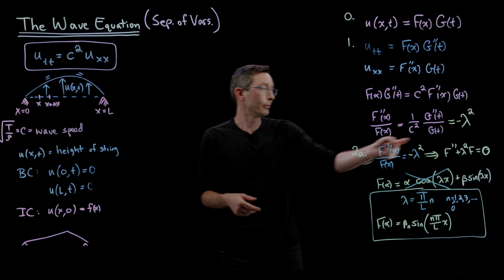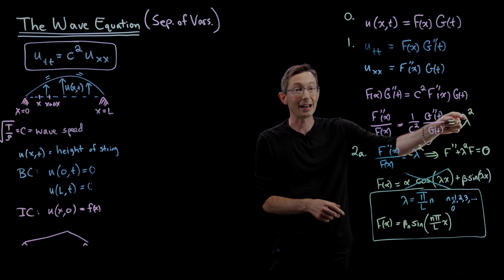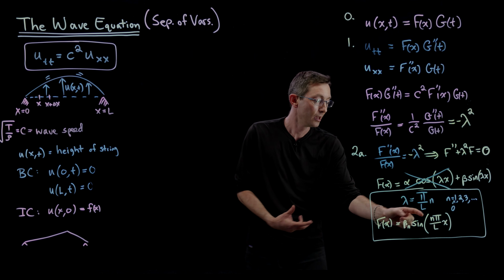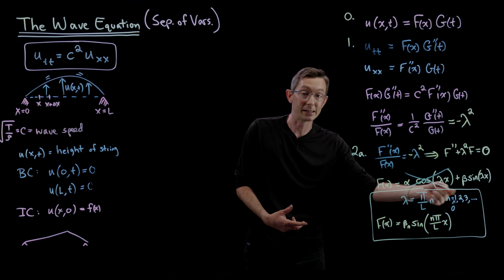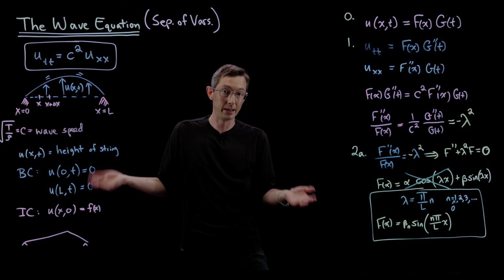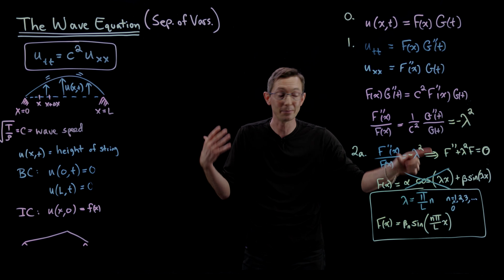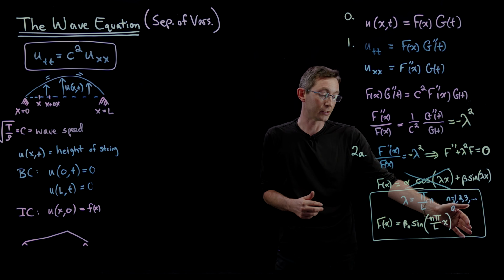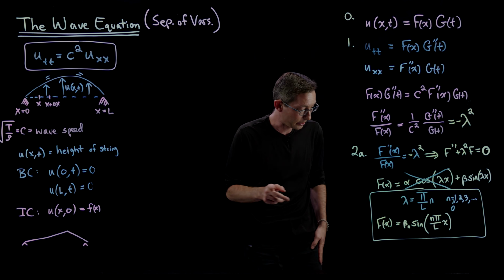And we've also determined, out of all of the possible constants that these could equal, lambda has to be a very, very special constant, an eigenvalue constant, given by pi n over L, where n is an integer and L is the length of my string. So we've determined that our eigenvalue has to be pi n over L to satisfy these boundary conditions, and that our functions of x are sines with that frequency. Good.